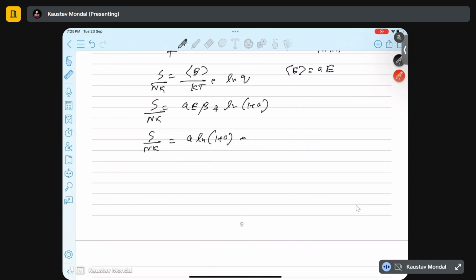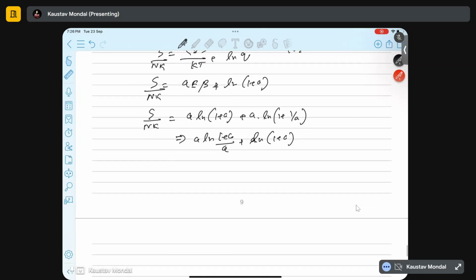So e beta is ln (1 plus 1 by A), which gives A into ln ((1 plus A) by A) plus ln (1 plus A).